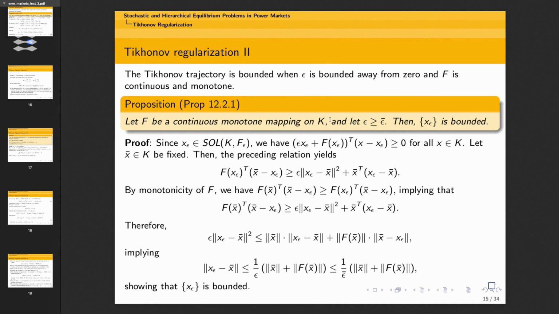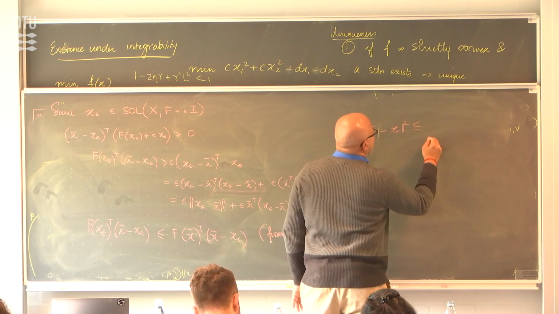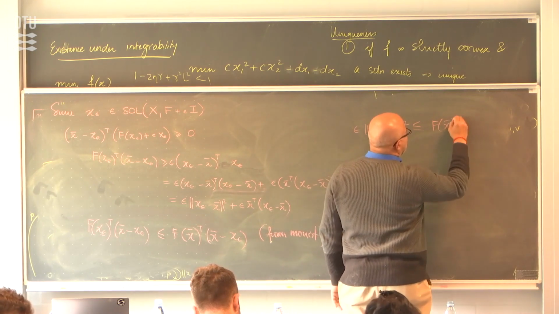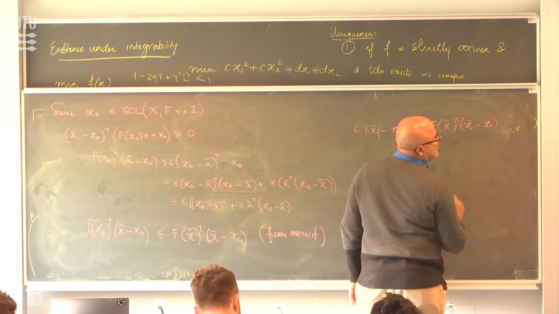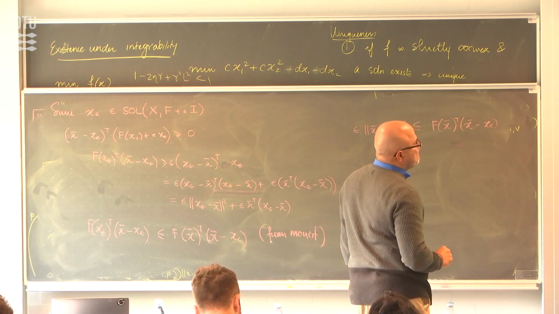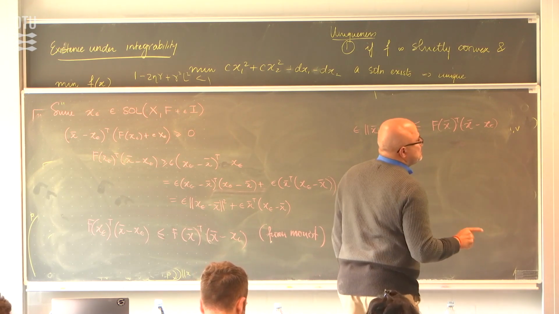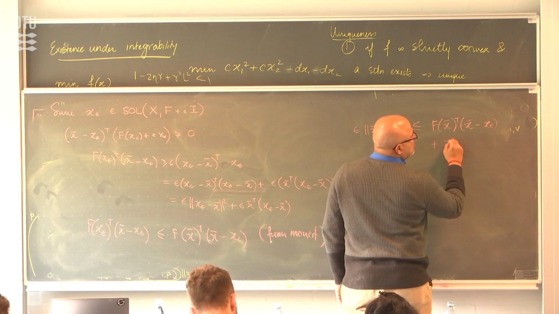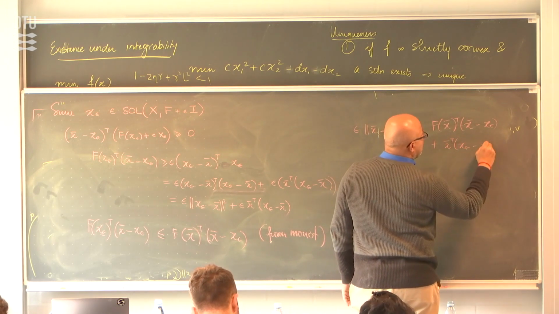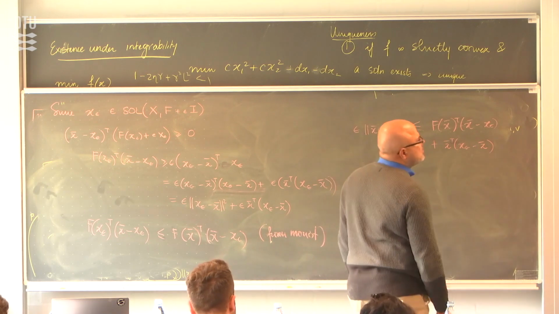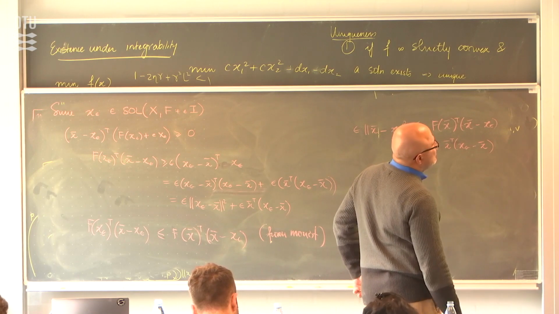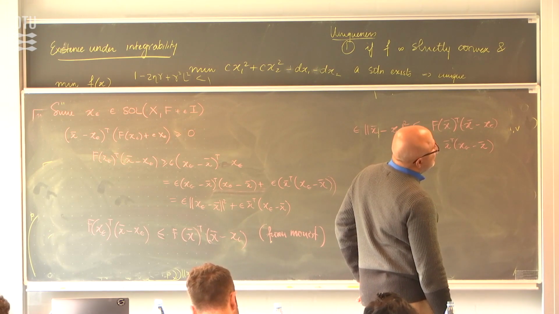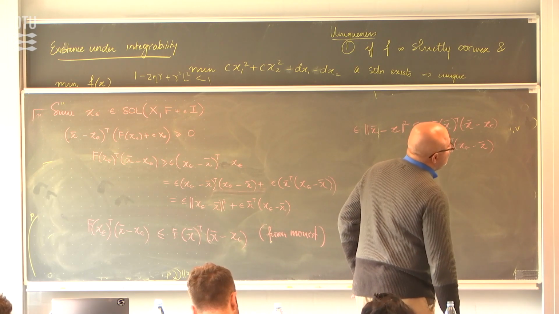Epsilon times x bar minus x epsilon squared is less than f of x bar transpose x bar minus x epsilon plus, I'll check the constant. There's a constant that I'm missing, and I'm wondering whether there's something from the previous one that I've missed. Trying to see where I've. Anyway, okay.